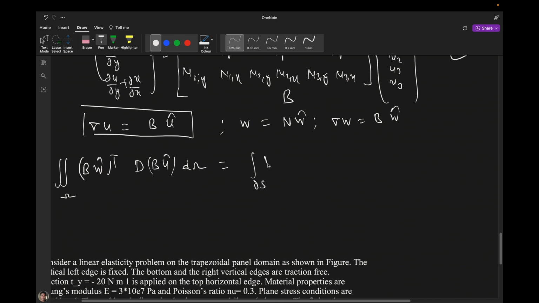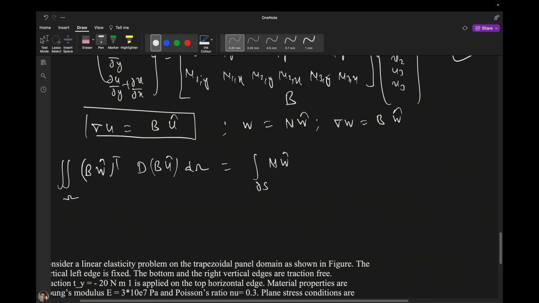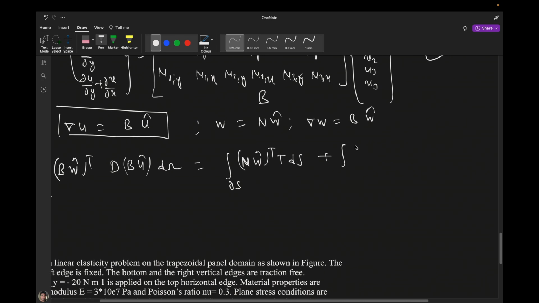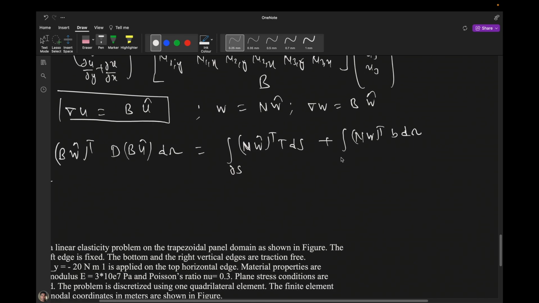So what is that? n w bar dot t, or we can say that it will be a transpose t ds plus, and this will be n w transpose b del omega.